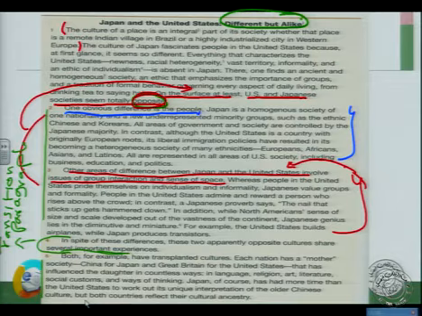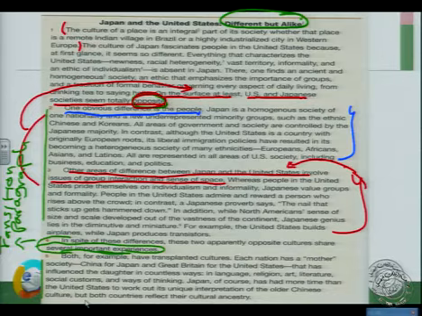Okay, so now the transition paragraph clarifies to us what's going to be mentioned next, which is going to talk about several important experiences. So the first paragraph we will read, paragraph 5, is going to talk about one of these important experiences.